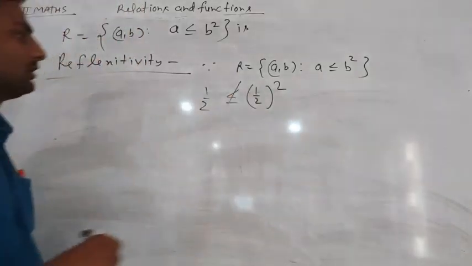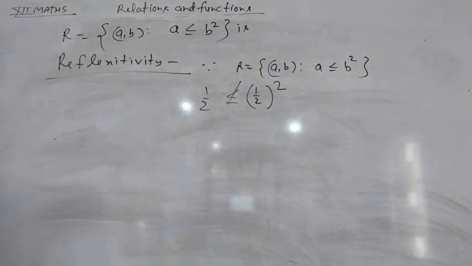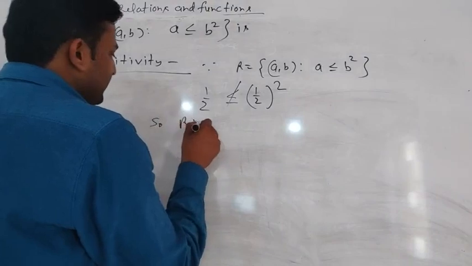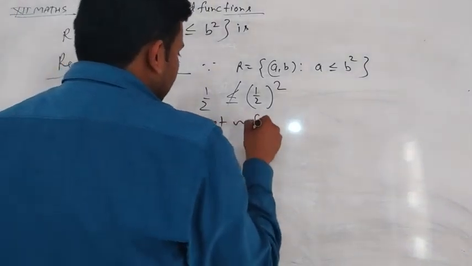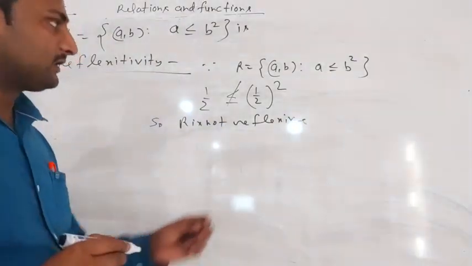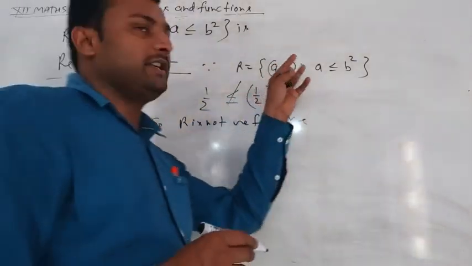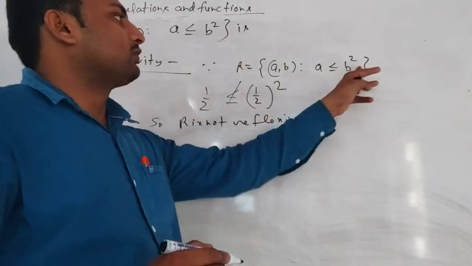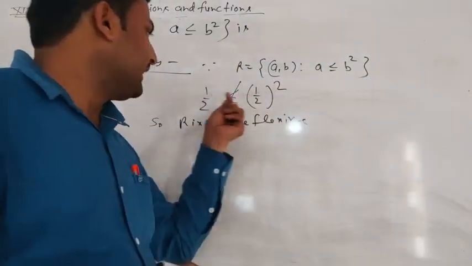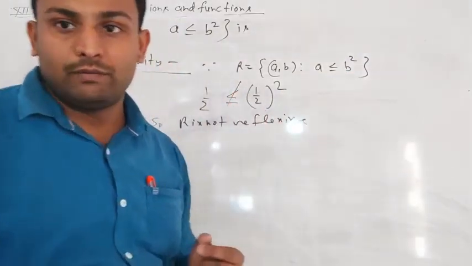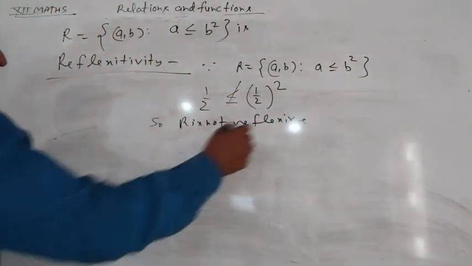This is not possible. Okay, students? So our R is not reflexive, because for reflexivity we take b equal to a also. So here we are taking 1/2, and (1/2) squared is 1/4, and you know 1/2 cannot be less than 1/4. So R is not reflexive.